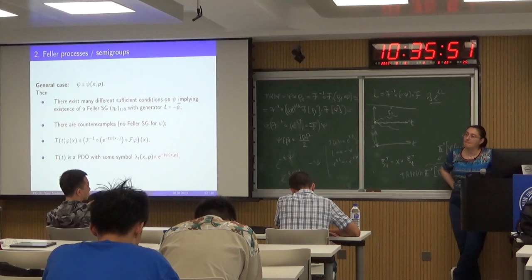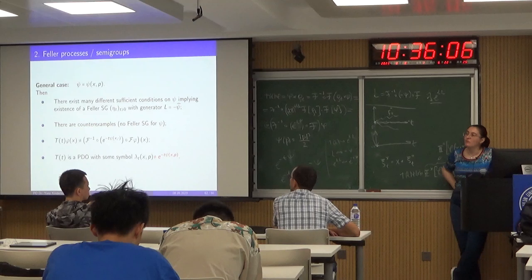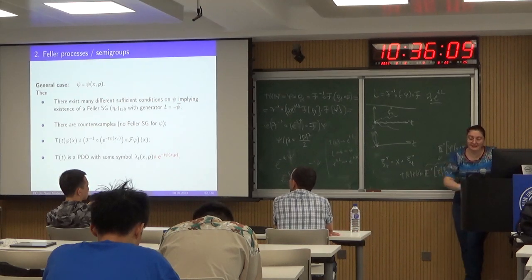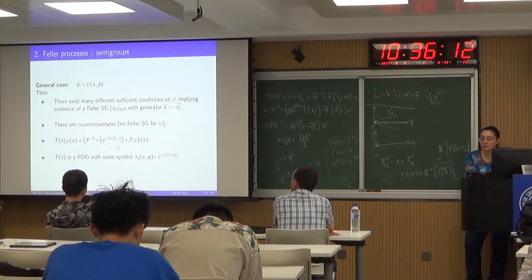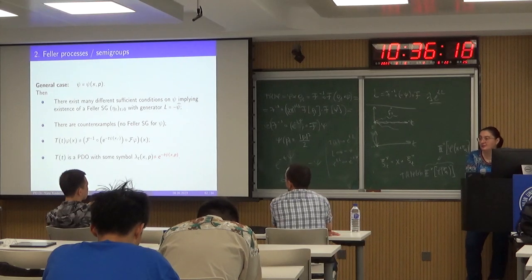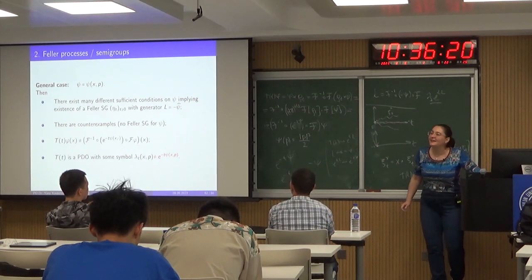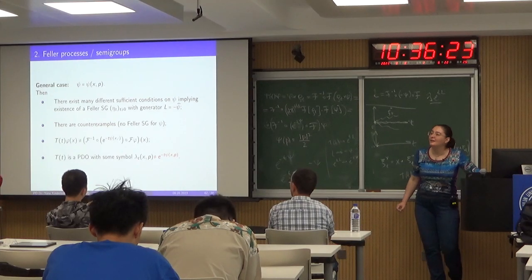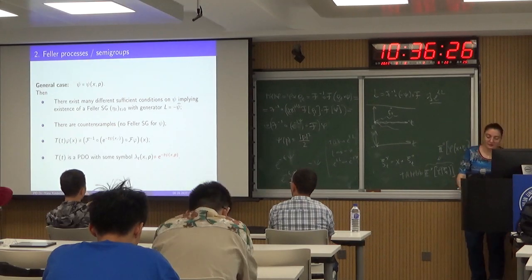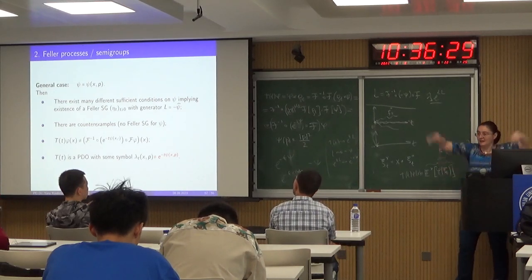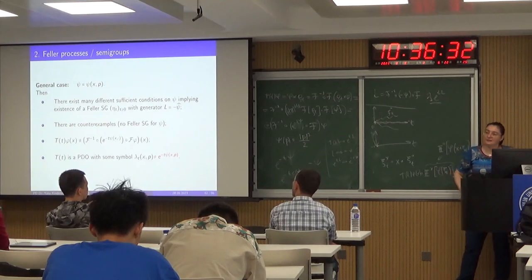So forget about the Feller property: does it correspond to any semigroup? No, not necessarily. As I said, this is not a semigroup. So the continuity is not the issue here. No. But nevertheless, if the coefficients explode too fast, then there is a problem.